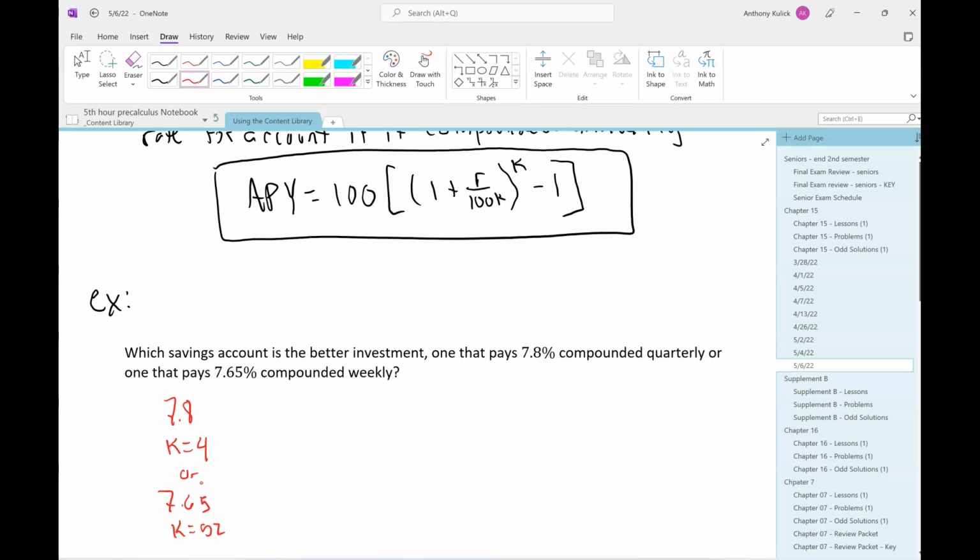So when we say it like this, it's like, oh, I don't know, which one is better? Well, what we're going to do is convert both of these into APYs and pick the one with the bigger APY. It makes the comparison really easy. Is that okay?